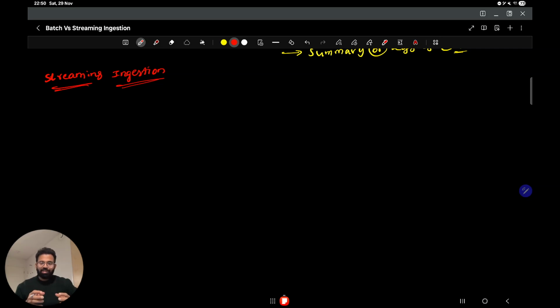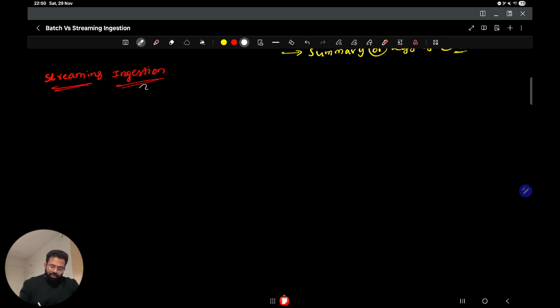When we say data flows continuously, we are talking about milliseconds or seconds from the time when data is produced to the time when you receive the data in your data platform. To put it in a simple way, streaming ingestion usually means data flowing continuously into the data platform, within a span of milliseconds or seconds.